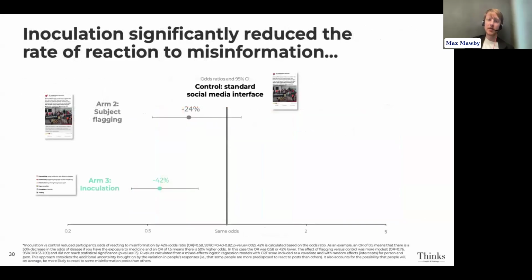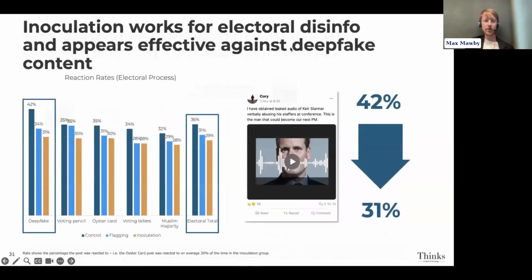For those of you who are into odds ratios, I really like this one because it just shows how confident we are in the reduction that we've seen from the inoculation intervention. But although it appears that subject flagging does something, it's maybe not an intervention that I'd bet the house on.